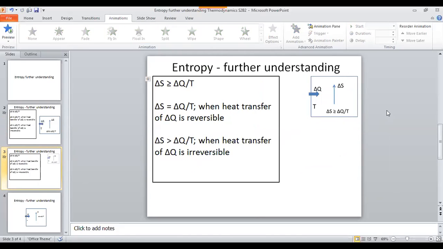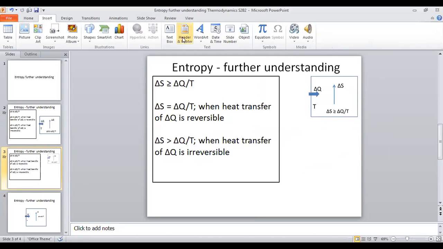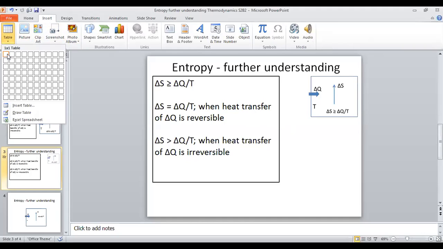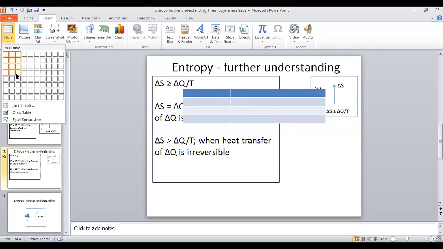Now I'm considering delta Q for two or three different temperatures: delta Q, temperature, and delta Q by T.